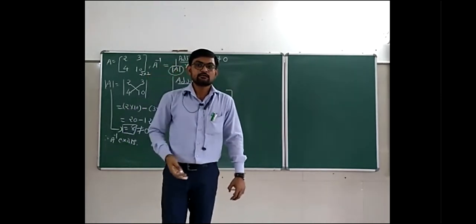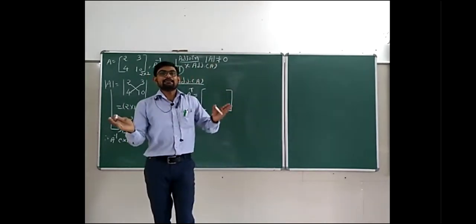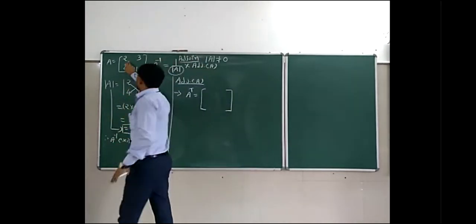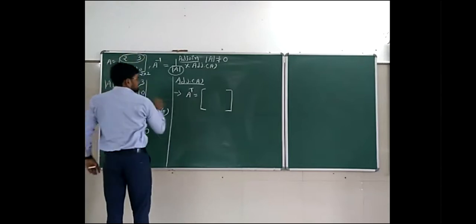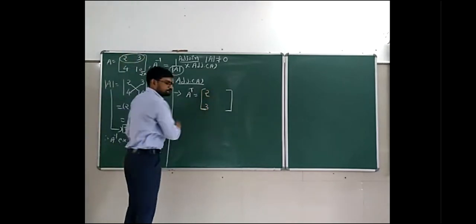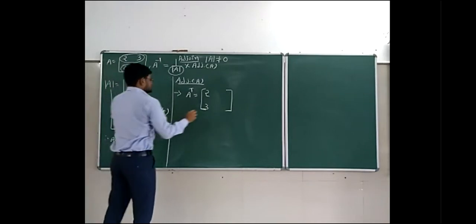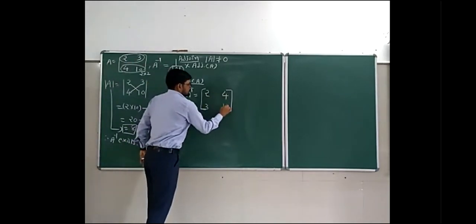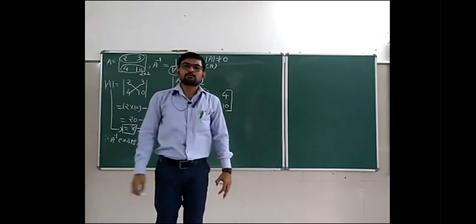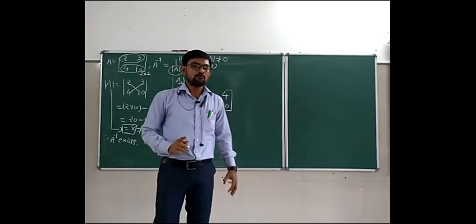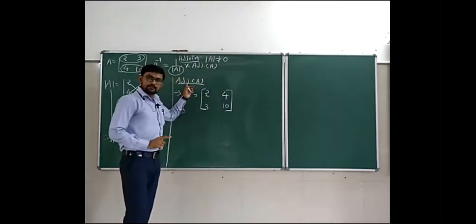Transpose is nothing but interchanging rows into columns. So this is our matrix A. Now we'll write the first row as the first column and the second row as the second column. So this is A transpose. This is step number 1 that we have to follow to find the adjoint of A.